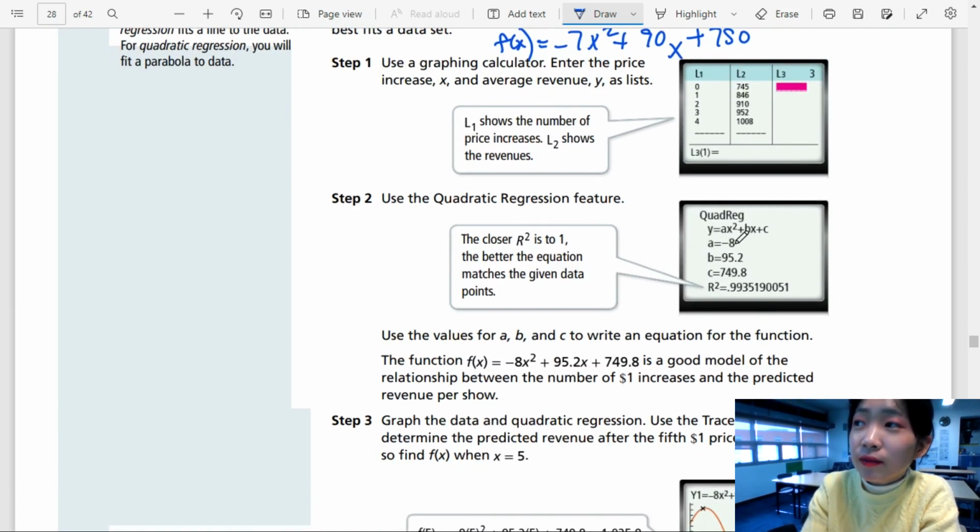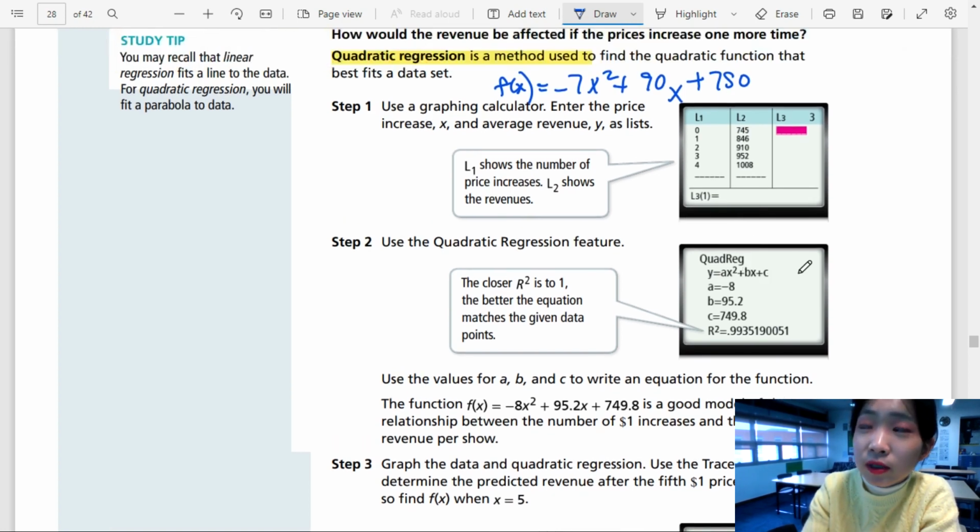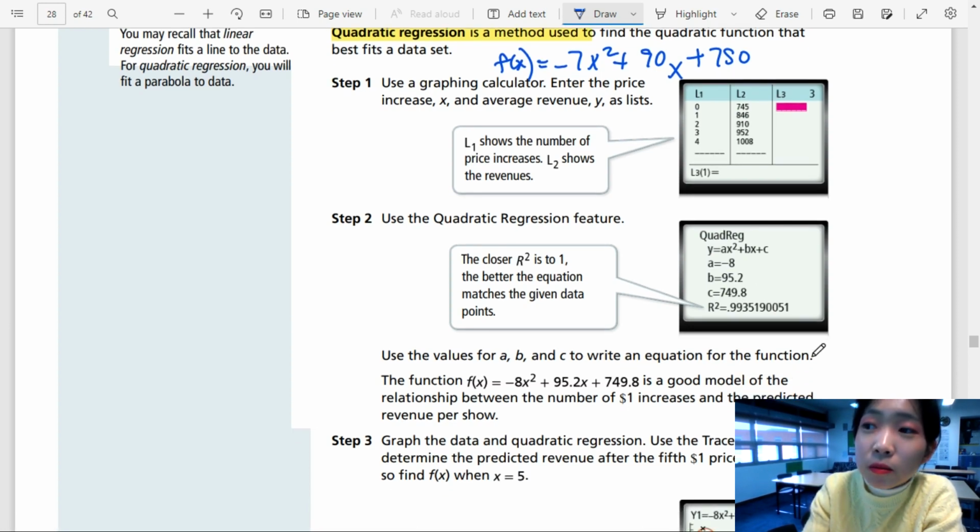Your a is negative 8, and then that's all your coefficients. So in the quadratic regression in your graphing calculator, you will put in the values for the coefficients, and then it'll calculate your r squared for you. The function is a good model of a relationship because the closer it gets to 1, if your r squared is close to 1, it is good data. It's a strong relationship.